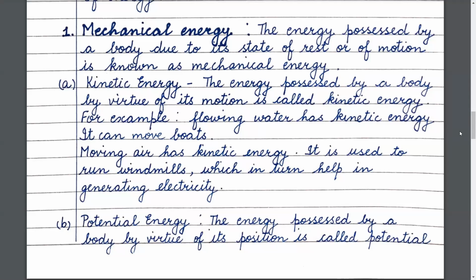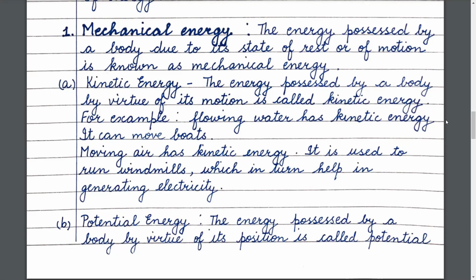For example, flowing water has kinetic energy as it can move boats. Similarly, moving air has kinetic energy. It is used to run windmills, which in turn helps in generating electricity.